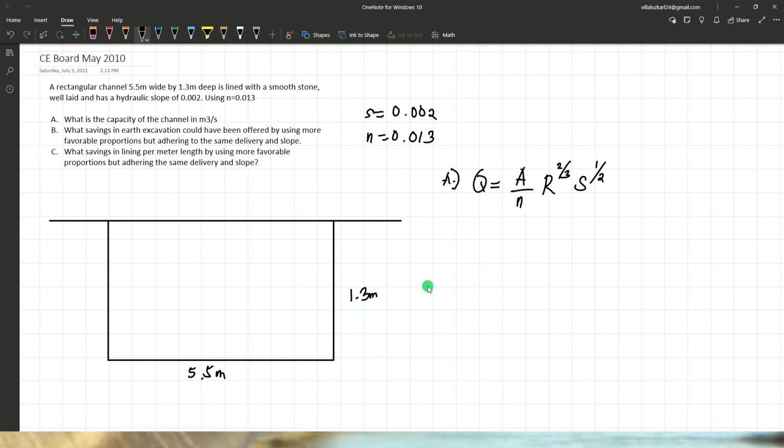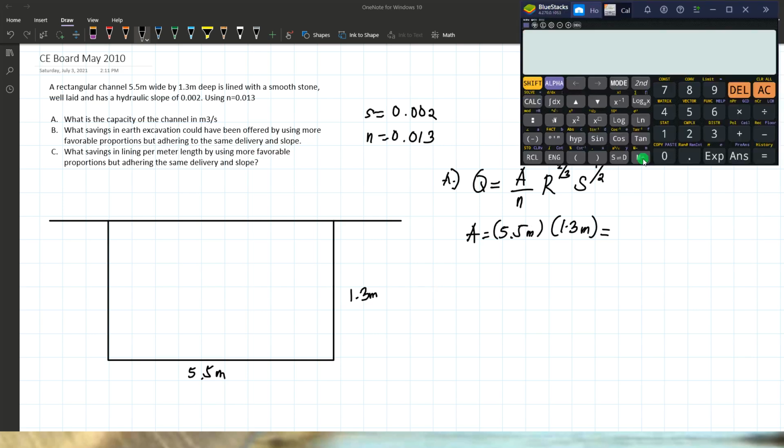So let's solve first the area, which is equal to 5.5 multiplied by 1.3 meters, that is equal to 7.15 square meters. After that, we can now compute the hydraulic radius, which is equal to the cross-sectional area divided by the wetted perimeter.